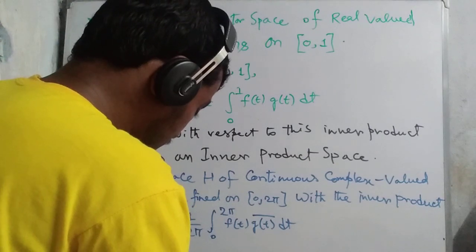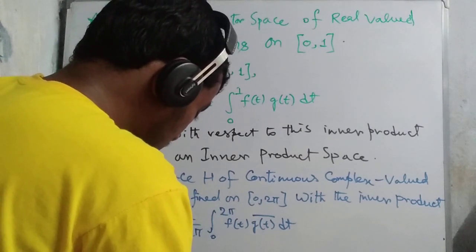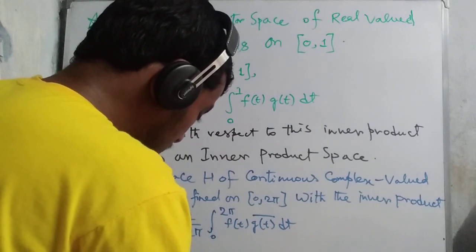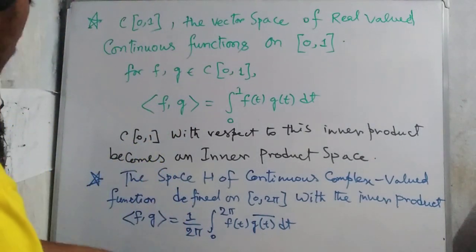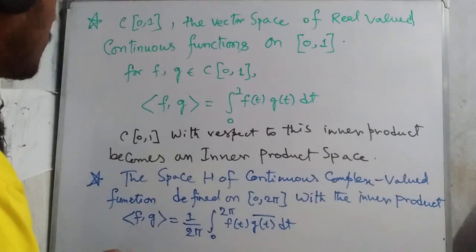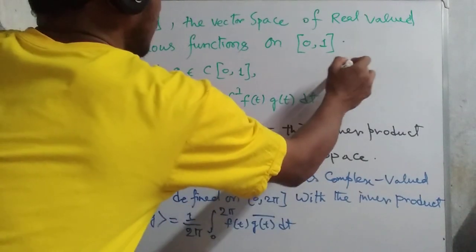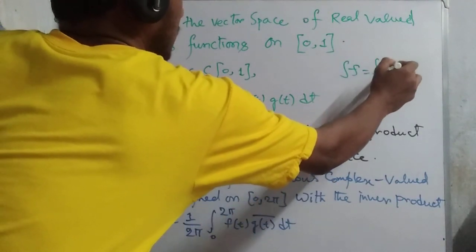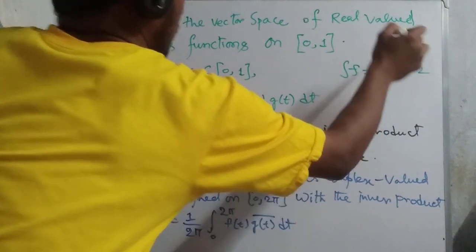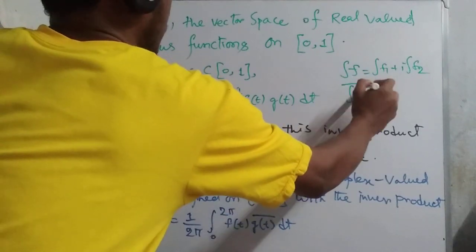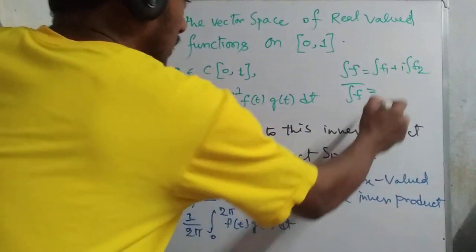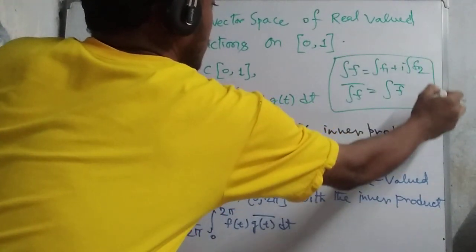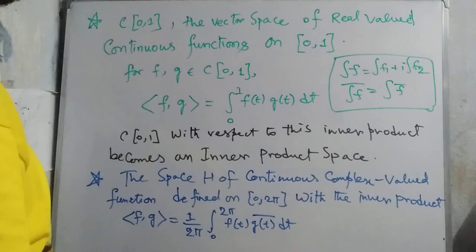So in this way we write this one. Obviously we know that this one is important here: the integral of f plus g equals the integral of f plus the integral of g, and the integral of f conjugate equals the conjugate of the integral of f. Understood?